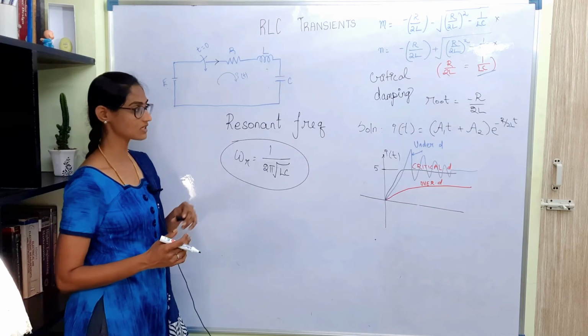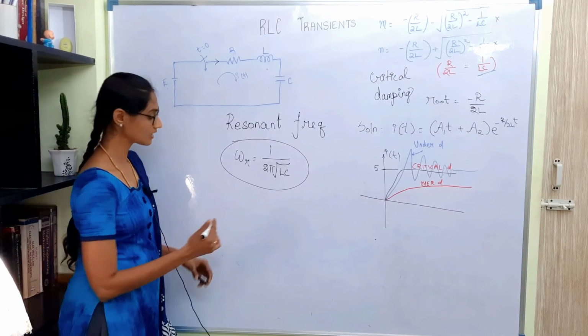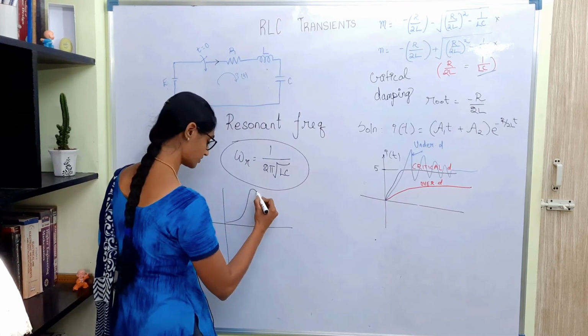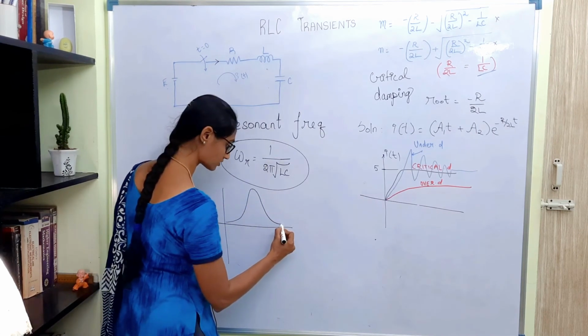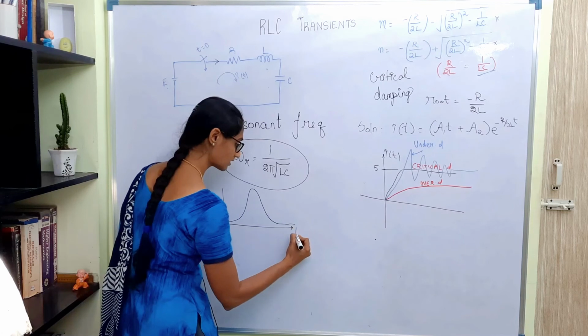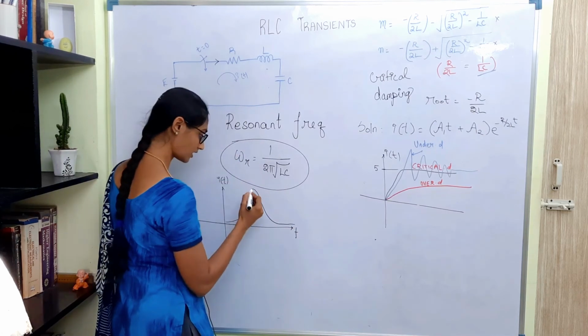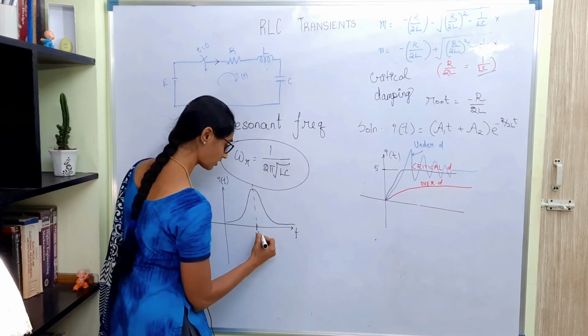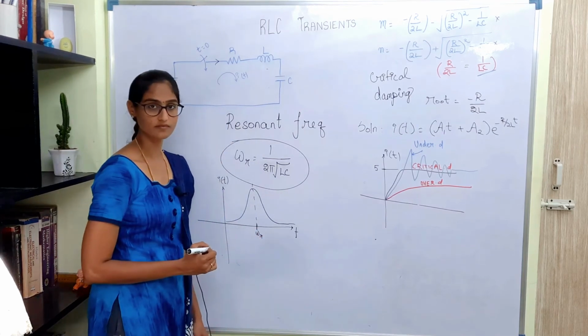This is called a resonant frequency, and generally the response will be maximum at this frequency. It will gradually reduce as the frequency increases, and this peak is called omega r or resonant frequency.